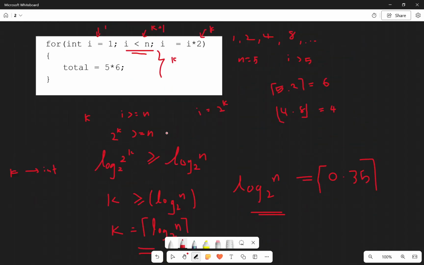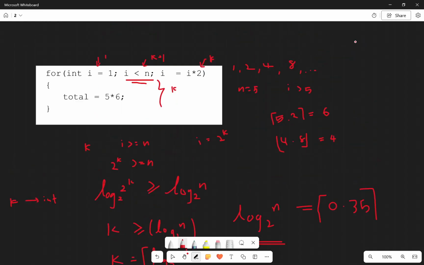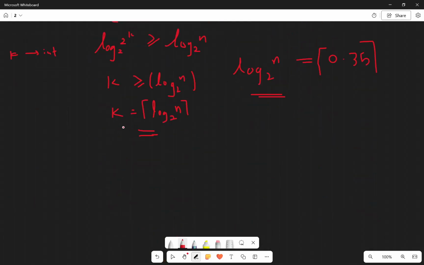And if we try to write fn, I will write it down here so it's easier. Fn using k will be 3k plus 2. Over here I have the value of k, so I can write fn equals 3k plus 2.